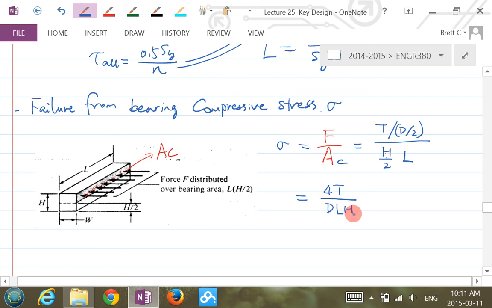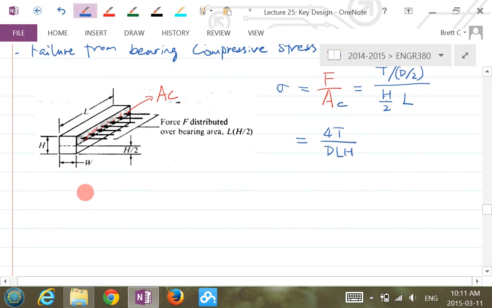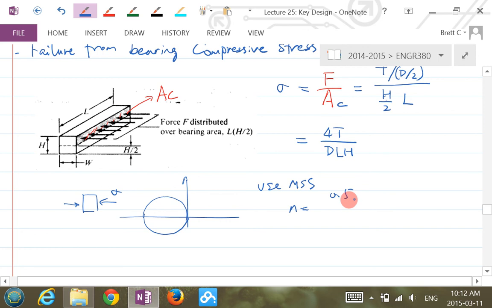So now here's a stress element, and you have the sigma acting on top of that. If you draw a Mohr's circle, and I'm going to use, let's say, MSS theory, n equals 0.5 Syt over tau max.